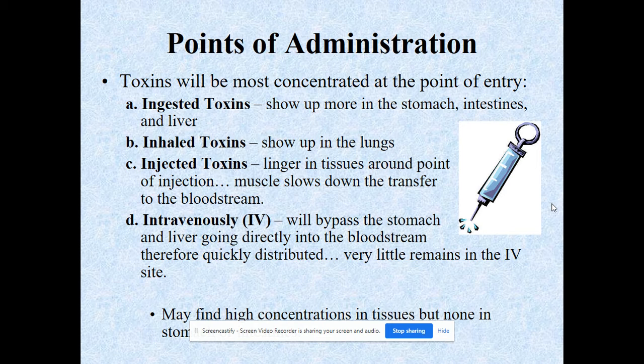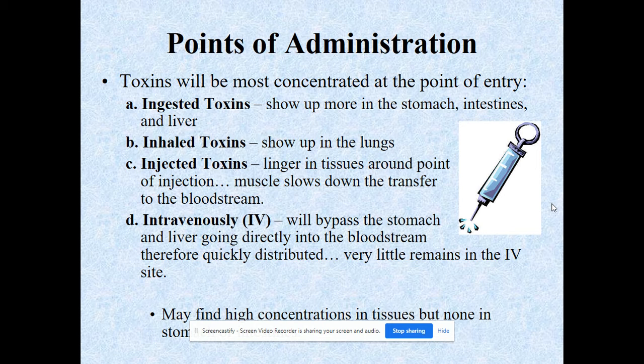And then finally, IV, which I think of that Dr. Death in Catching Killers, how he poisoned his victims through IV drips. That will bypass the stomach and liver and goes directly into the bloodstream, so it's very quickly distributed. Very little remains in the IV site, so that one's kind of hard to trace. It would be a subcategory of an injected toxin.